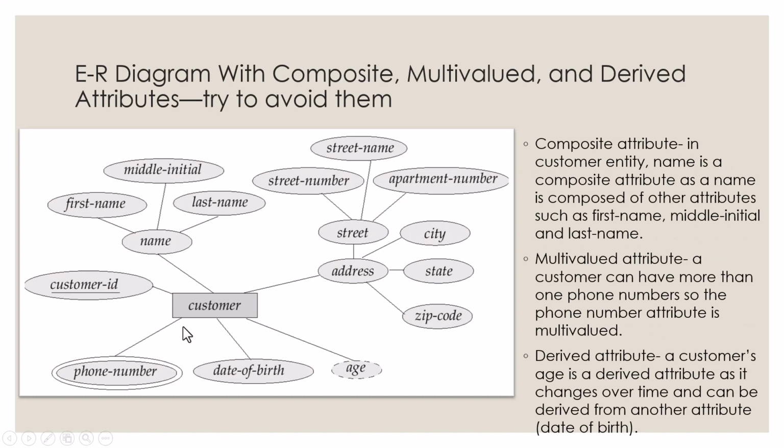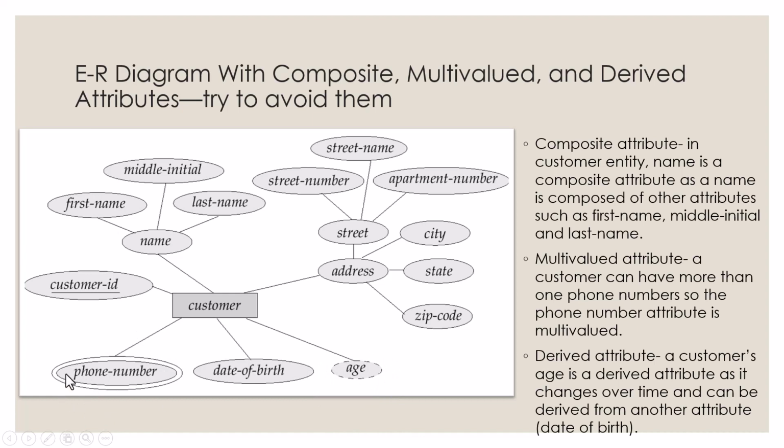So here is what I just talked about. We have a customer entity set. The customer ID here is unique, so that's going to be our primary key. Then we have date of birth and then age. If you know the person's date of birth, you should be able to compute or derive it, so this is a derived attribute, and that's why it's in a dashed or dotted oval.